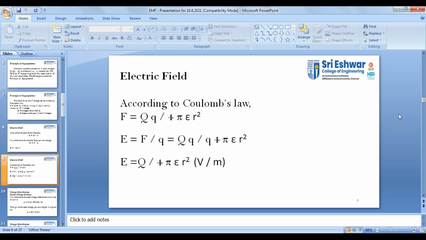You got my point? So q cancels here because of the definition of E. Remaining is capital Q by 4 pi epsilon r square. That is the alternative expression I am getting for electric field intensity, which is expressed in terms of volt per meter.